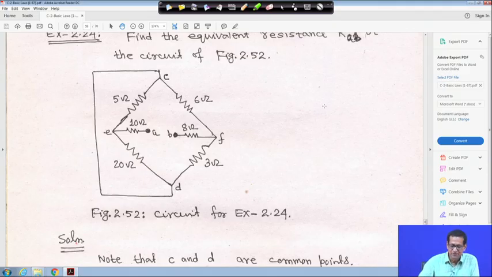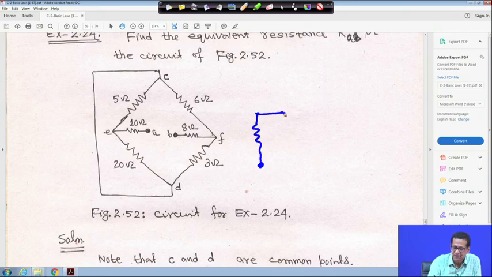Just for your understanding, suppose this point is A and this point is E, and this is the 10 ohm, right. And C and D is actually a short circuit point, because C and D are common. We can make it like this.